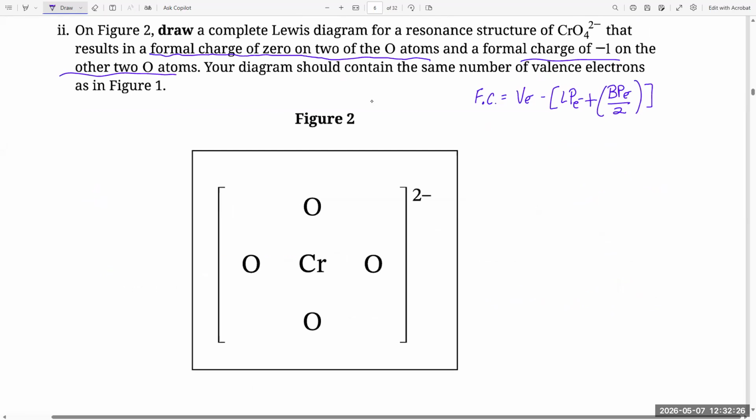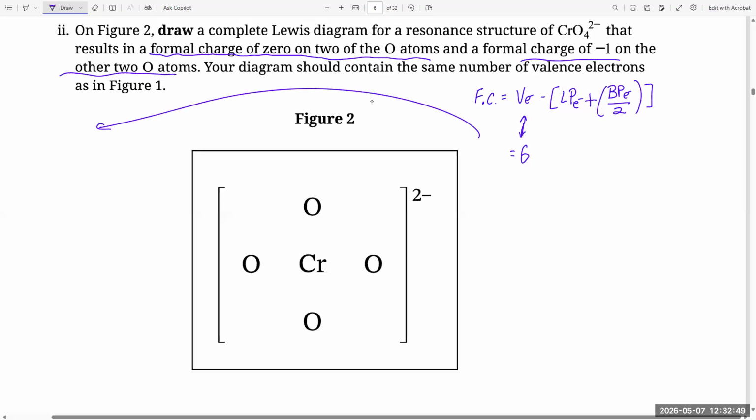They want a formal charge of 0 on 2 of the oxygen atoms. Well, look at the equation, kids. We know that this value right here is never going to change, because that's the total number of valence electrons in an oxygen atom. That's always going to be a 6. So in order for us to get a formal charge of 0, let's bring us back over here.